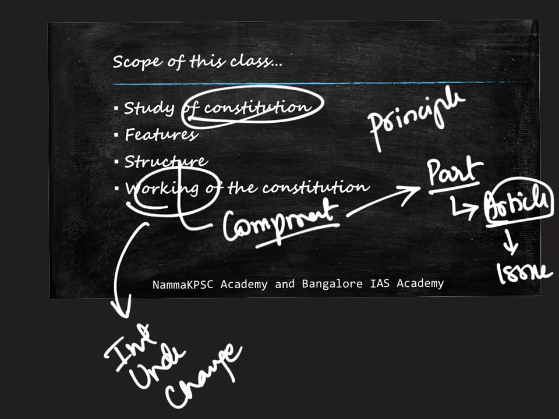So it is a very dynamic document. Indian Constitution is a very dynamic document, and it is constantly undergoing changes. It is being interpreted and it is being re-evaluated by our courts to give new meanings to various issues and components in the Constitution.